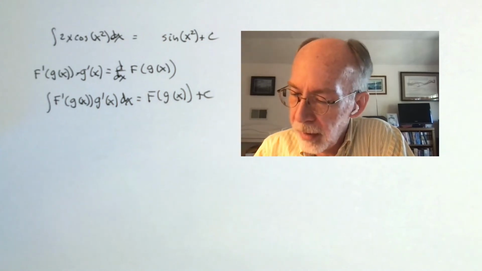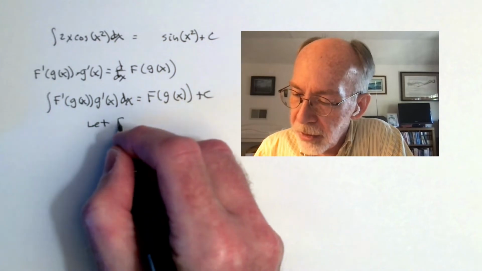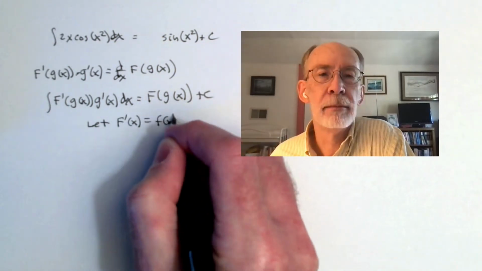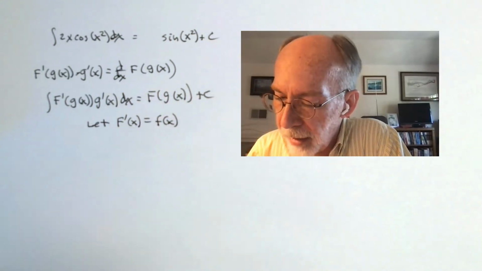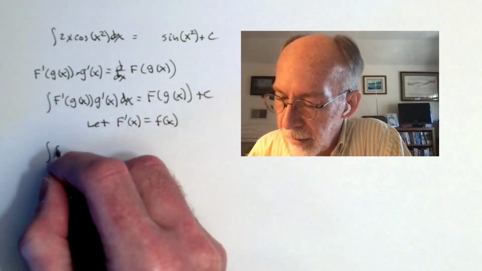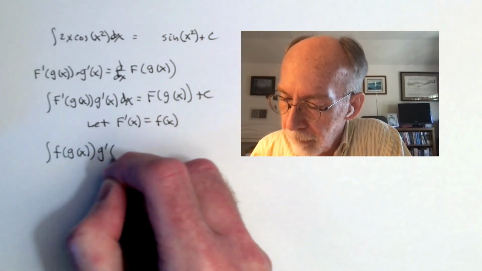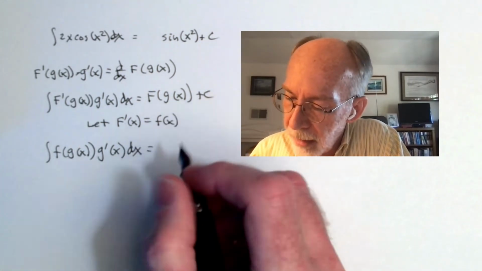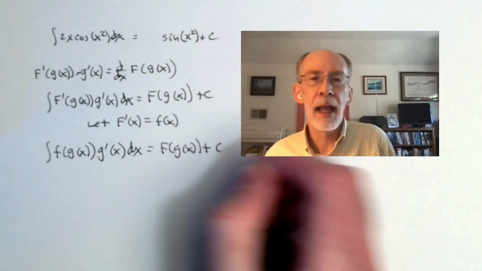Now suppose big F is the antiderivative of some function little f. Then I could rewrite this line that's next to the bottom as integral f of g of x, g prime of x dx, and this would still then be big F of g of x plus a constant.